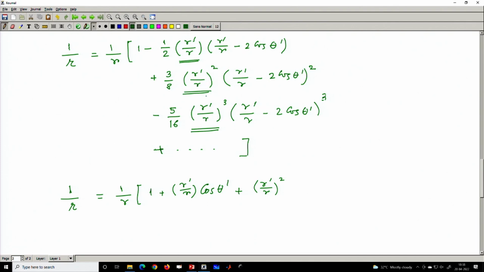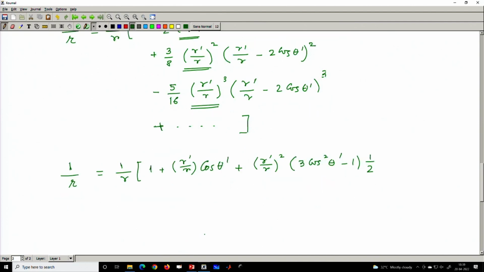So, I need to adjust this. If I take r prime divided by r squared, then the rest of the term should be, say, there is a 3 there. So, I should have 3 cos square theta prime minus 1 with a half term, and if I gather the cube term, cube of r prime divided by r, this quantity.